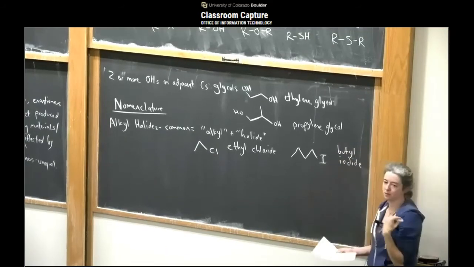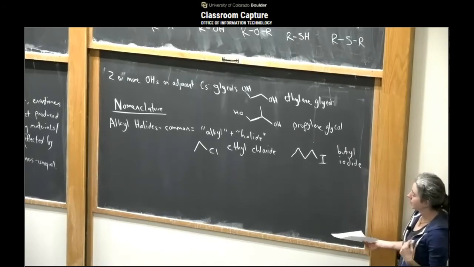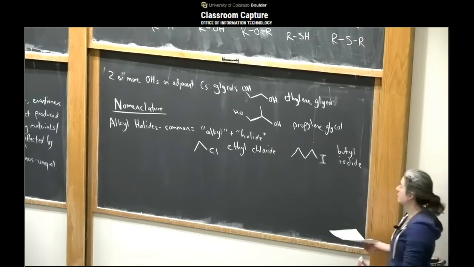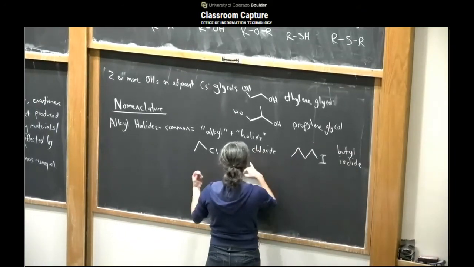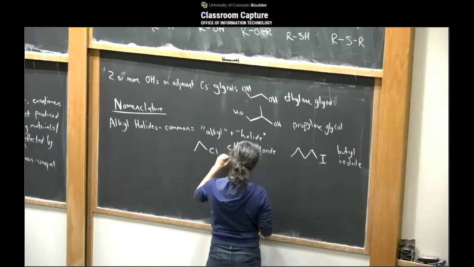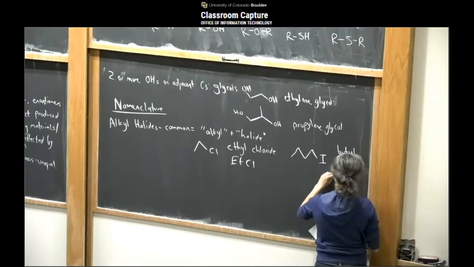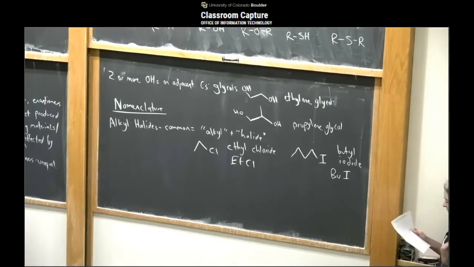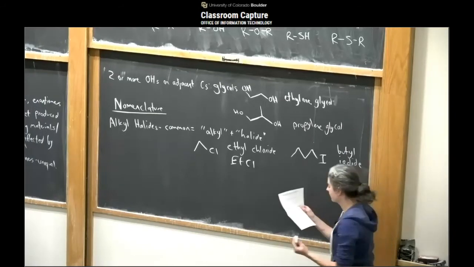Pretty simple and easy. Just as a quick reminder, we're going to see a lot of those two-letter abbreviations for alkyl groups pop up again. So another way that you might see ethyl chloride is EtCl, or BuI, butyl iodide. So definitely brush up on those group abbreviations if you're not comfortable with them.